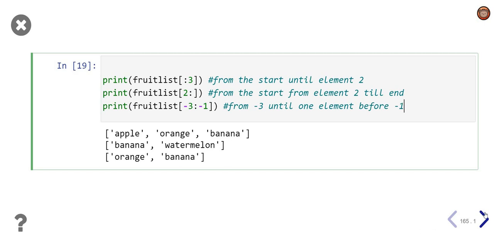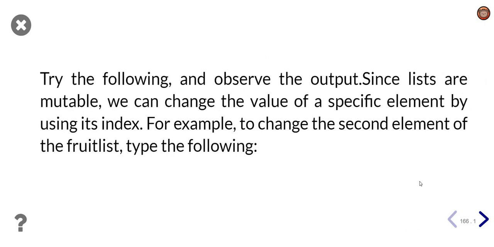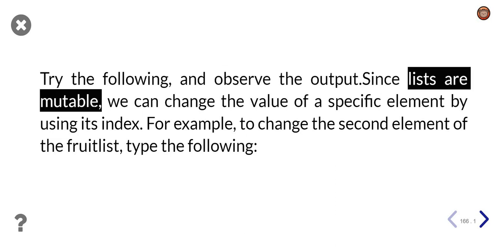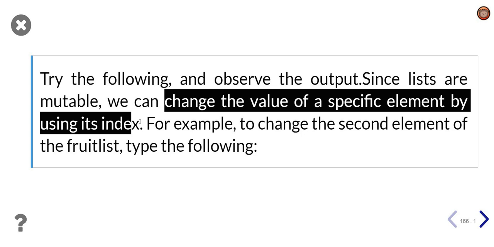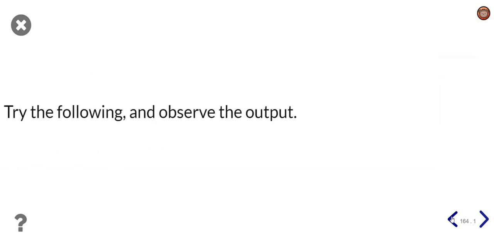So now we have actually seen some of the characteristics of list: it is ordered and you can index it. So now let us see and observe the output. Now take note that list is mutable. Mutable means you can change the value, right? So you can change the value of a specific element by using its index. So let me just go back.